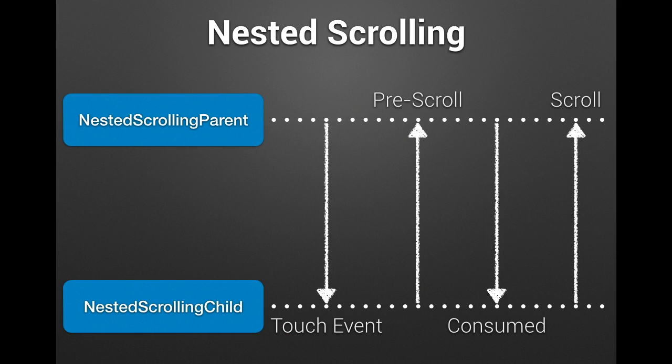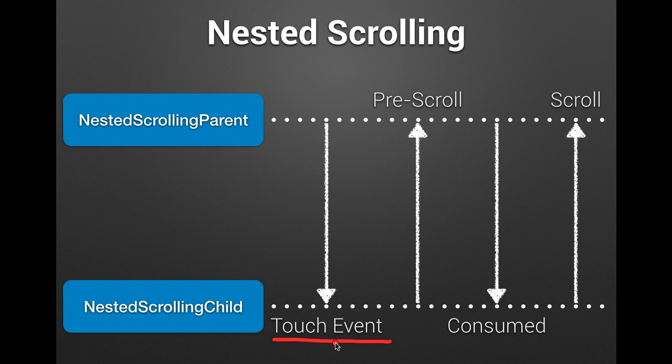So the way that this would typically look for a traditional example is those touch events are still going to make their way down to what we're calling the scrolling child. Just think of it as the RecyclerView if that's easier. It's the scrolling view.